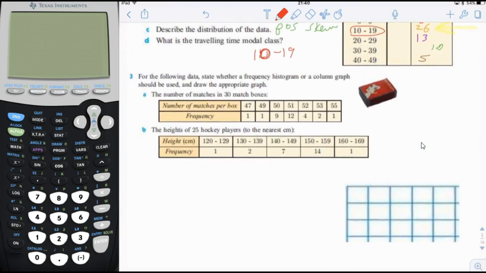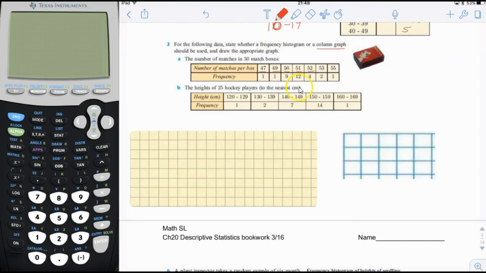For the following data, state whether a frequency histogram or a column graph should be used and draw the appropriate graph. We've basically got data here that is whole number data. If you look at the top row, that is the values, and the bottom row is the frequencies. You need to look at the top row. So the top row has whole numbers here. The top row here has intervals or ranges, and you can read the type of data here.